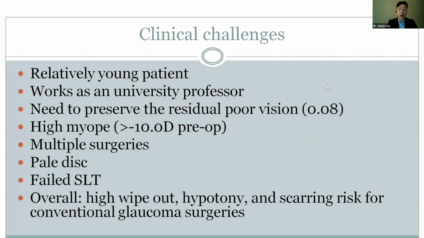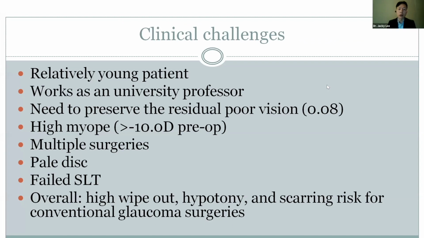So the challenge that we encountered for this case was that this was a relatively young patient. He works as a university professor, so his vision is quite important to him, despite it not being so good to begin with. He had high myopia, over 10 diopters, to make matters worse.